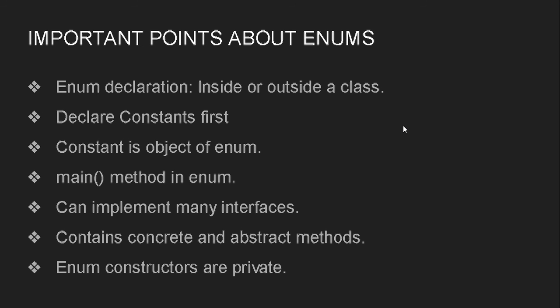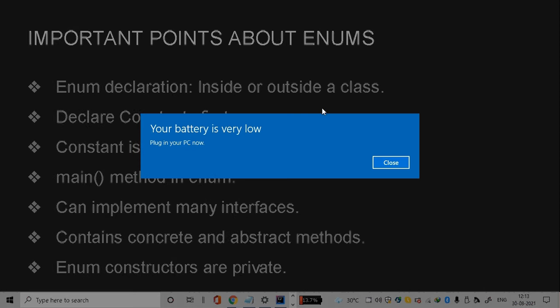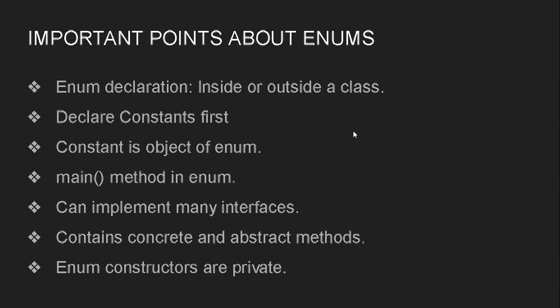These are certain things which you need to remember about enums. First, an enum declaration can be done either inside a class or outside a class. The second thing to remember is that you need to declare constants first.